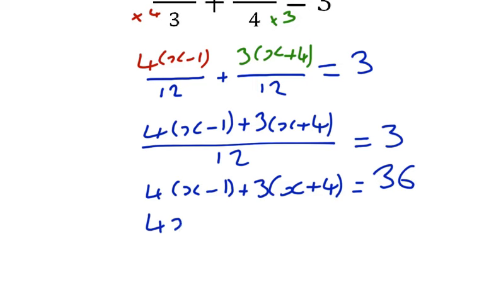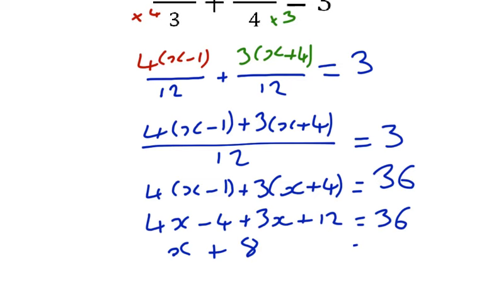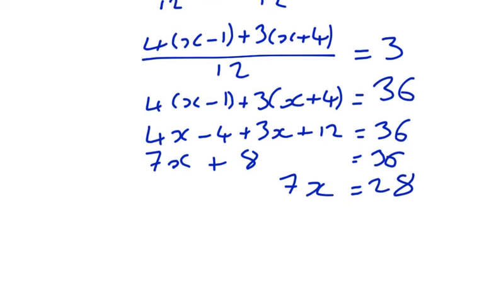And now expand the brackets, we get 4x minus 4 plus 3x plus 12 equals 36, which gives us... sorry, that's not x there, is it? It's 4x plus 3x, so it's 7x plus 8 equals 36. Minus the 8 gives us 7x equals 28. And finally, divide by 7 gives us x equals 4. And that is our final answer.